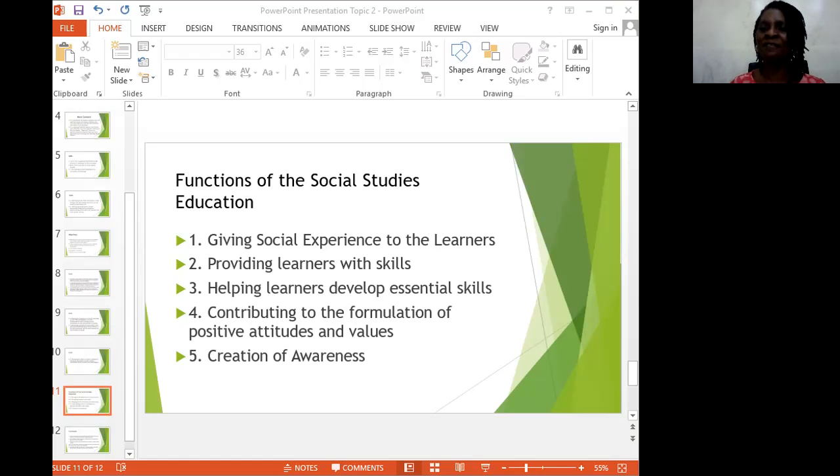The fourth function of social studies education is it helps contribute to the formulation of positive attitudes and values. What do we mean?